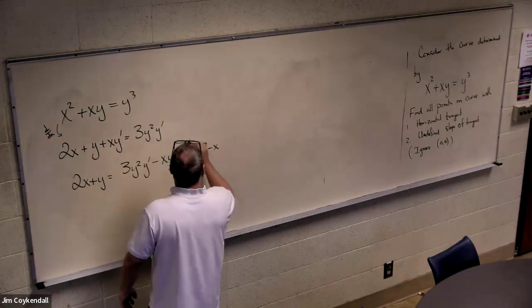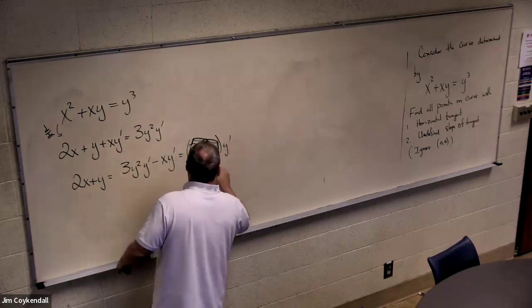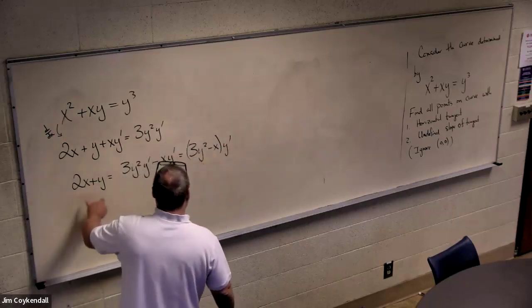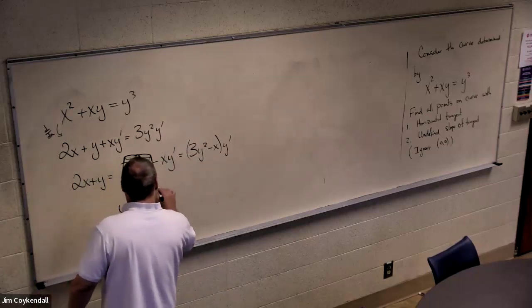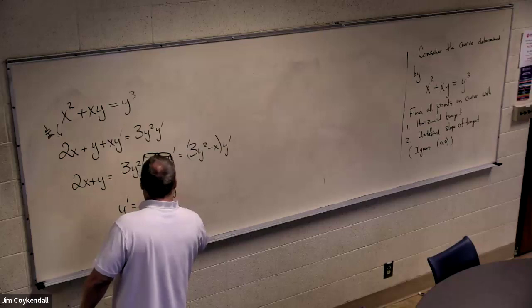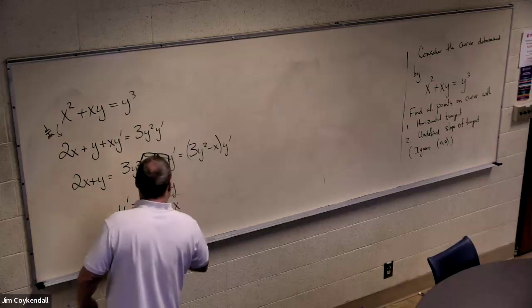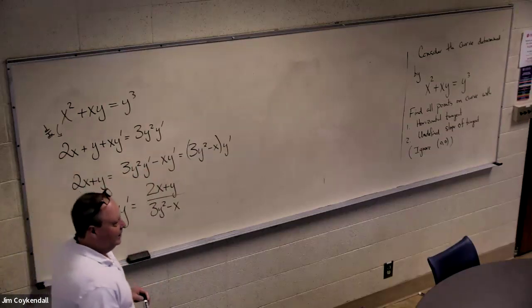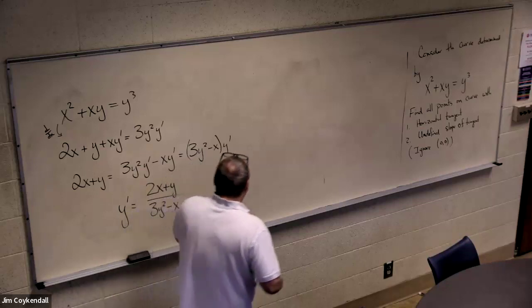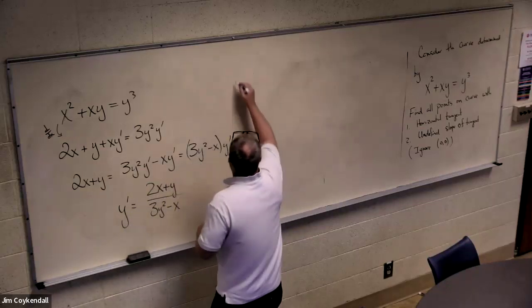3y squared minus, divide this into this, with y prime. Everybody comfortable to that point? But now, here's the thing.